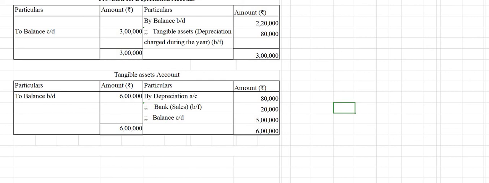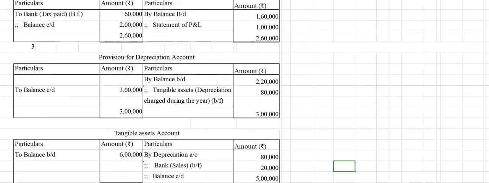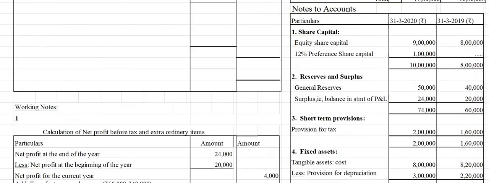In your last problem, you can refer. In that we prepared the fixed asset account, the plant account. In that plant account we got a debit balance, so we took it as purchase. Here the balance is on the credit side, that means we have sold tangible assets for rupees 20,000. So that's what we have to write here.